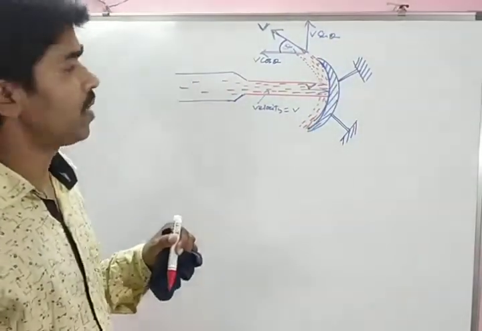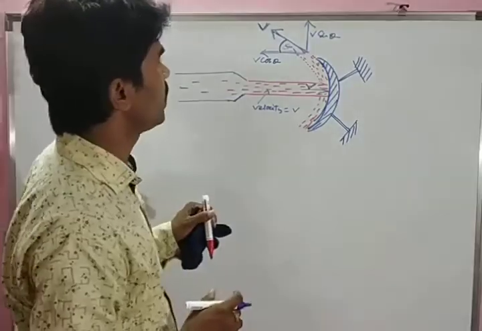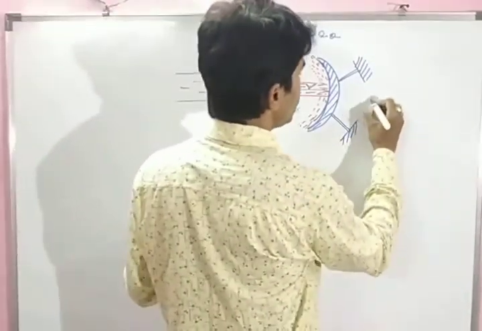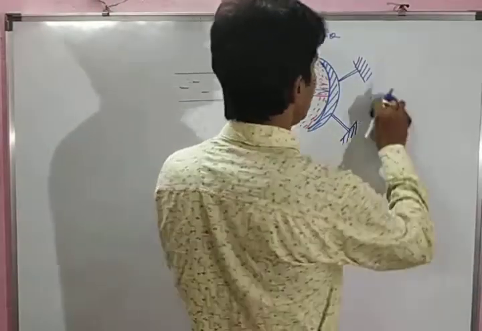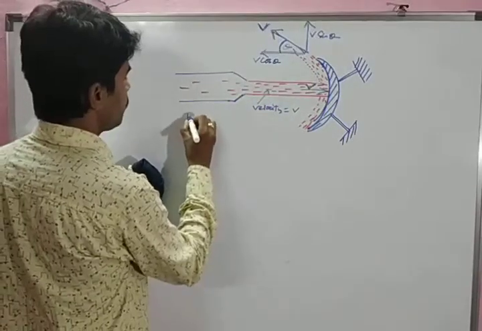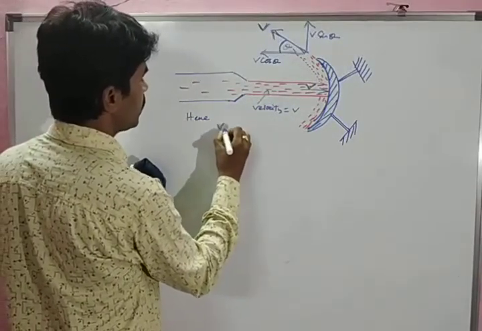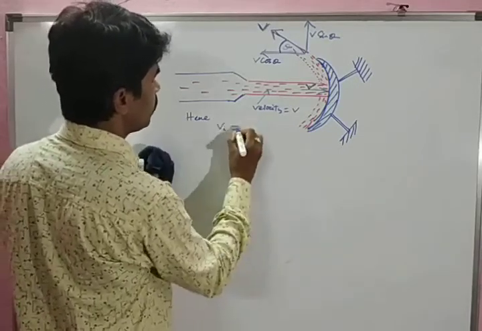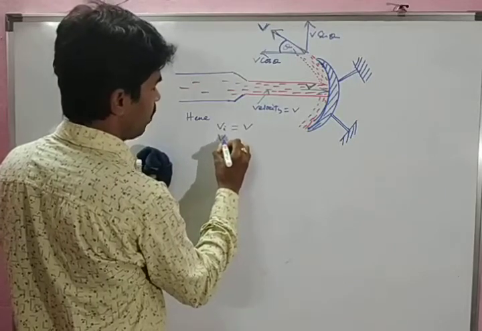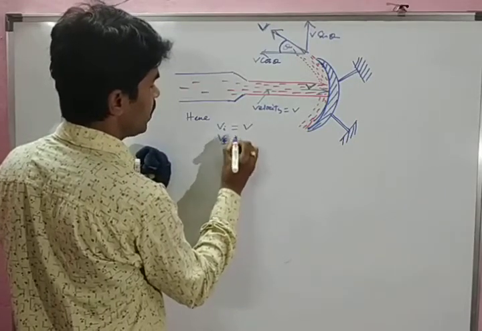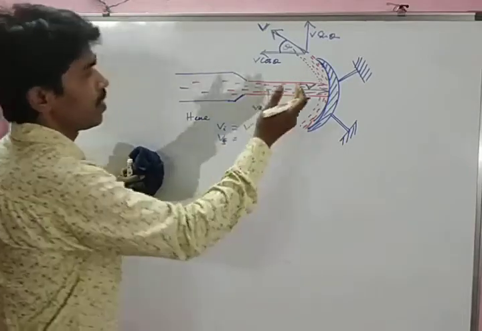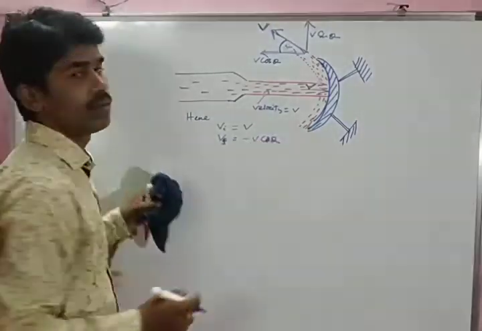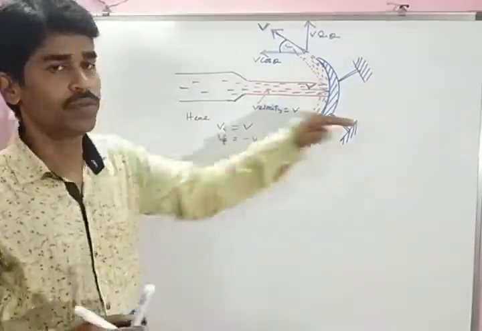Now here the initial velocity at which the jet strikes the plate is v. So we can write the initial velocity vi equal to v, and the final velocity or outlet velocity vf equal to minus v cos theta, because the direction of the jet is reversed.